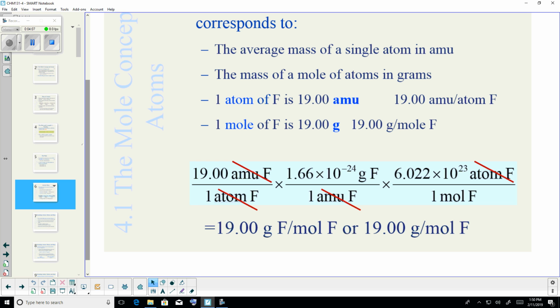So notice the periodic table tells us fluorine is 19.00 AMU. If we go through this calculation, 1 mole of fluorine atoms weighs 19.00 grams. It's the same number.